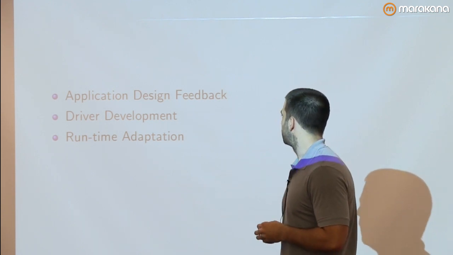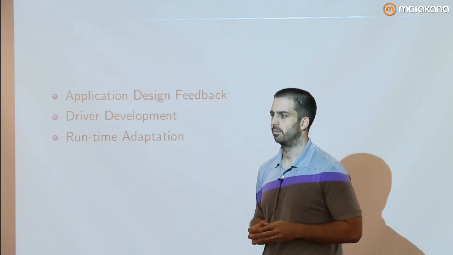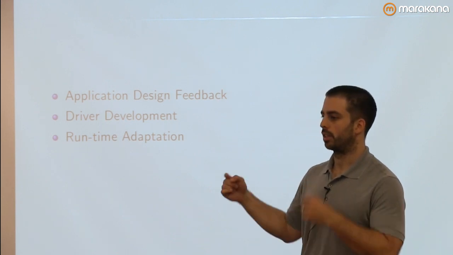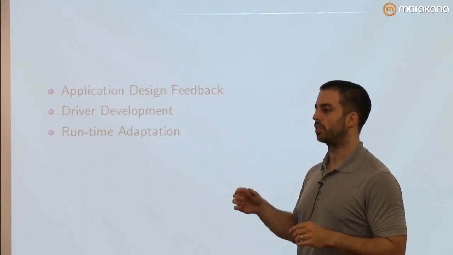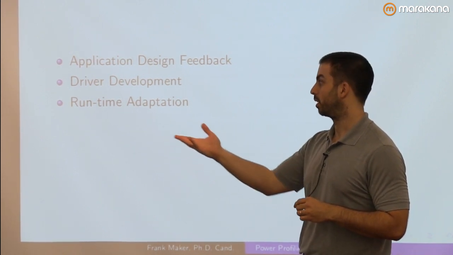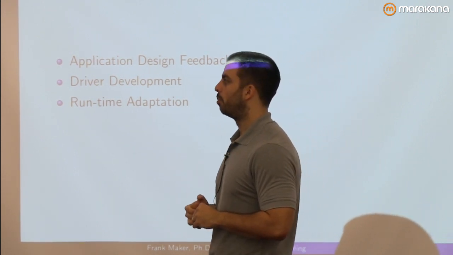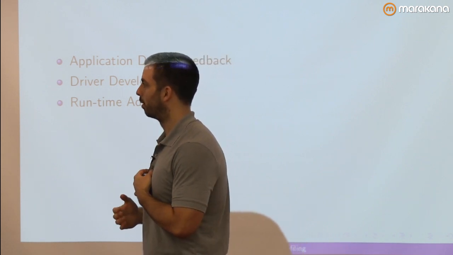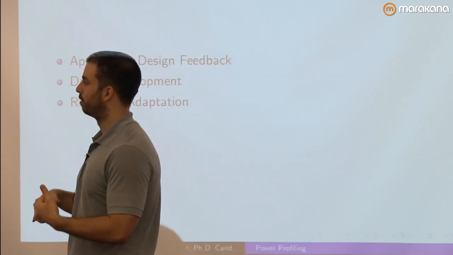And then runtime adaptation is one that I've looked at. I haven't seen much of this done by people in practice, but the idea is if you can measure the power on the phone itself, you could actually adapt your software at runtime. So say you really want to use cellular like you were talking about, but you're going to put a limit on how high you're willing to let the power go. If you're able to measure the power on the phone, you could do that.